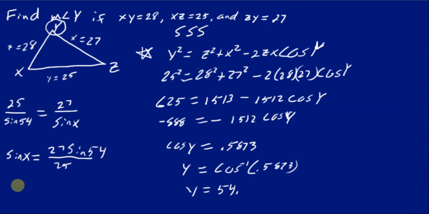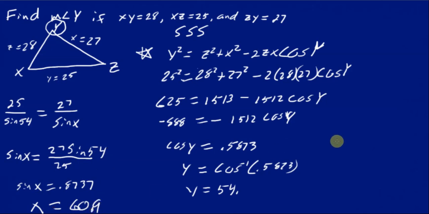And if I do that, I think I came up with the sine of x is equal to 0.8737, blah, blah, blah. Inverse sine of both sides, I'll find my angle to be, rounded to the nearest tenth, 60.9.